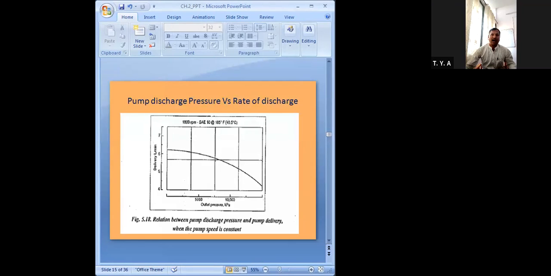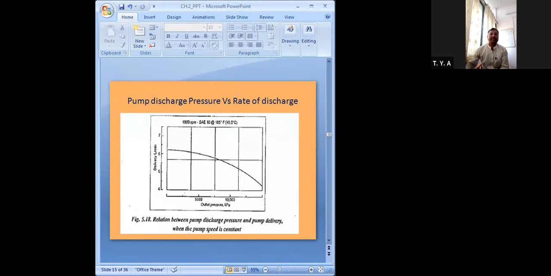You can see output pressure, that means discharge pressure, and here the rate of discharge, delivery, at a constant pump speed.